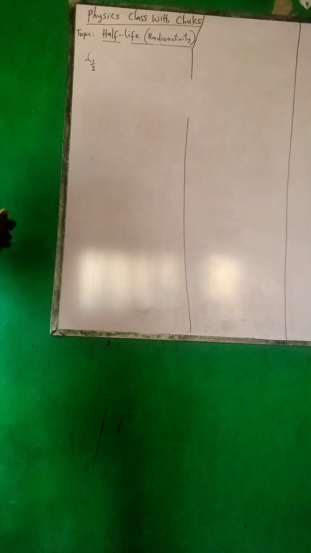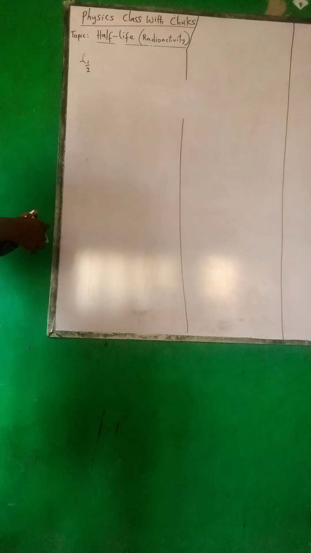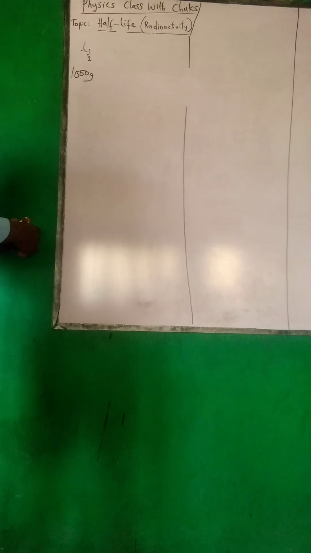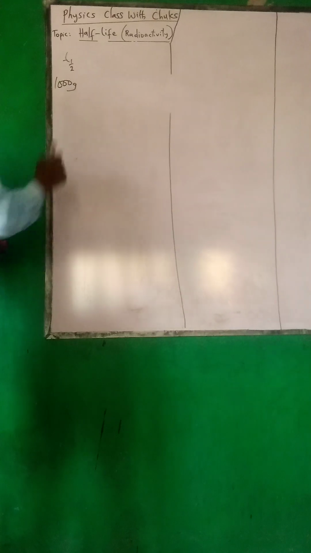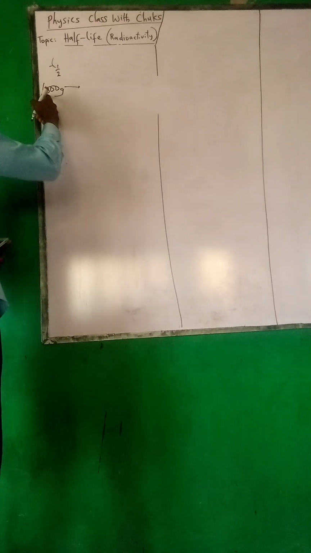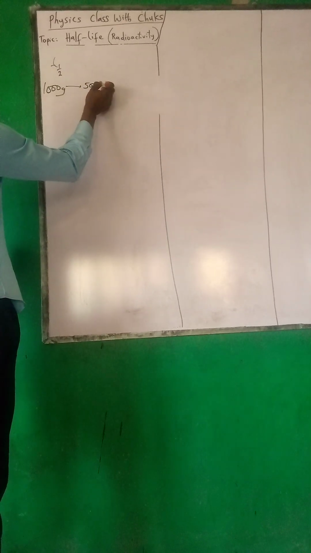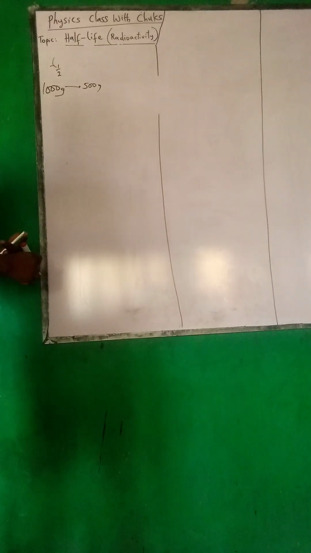Now let's take for instance that a certain radioactive element has the initial amount 1000 grams. After one half-life, it will reduce to half of 1000, which is 500 grams.